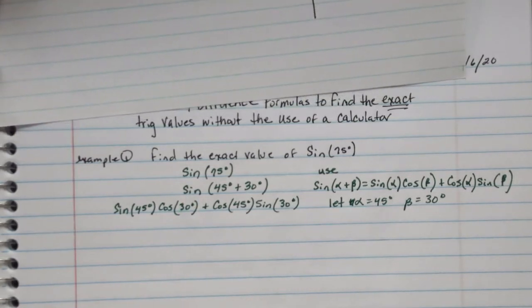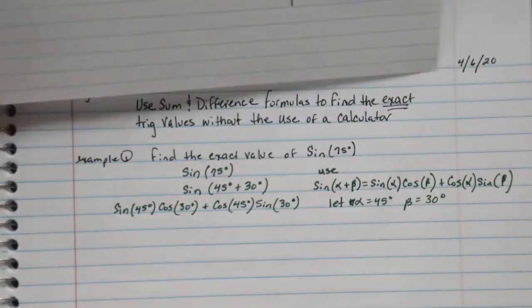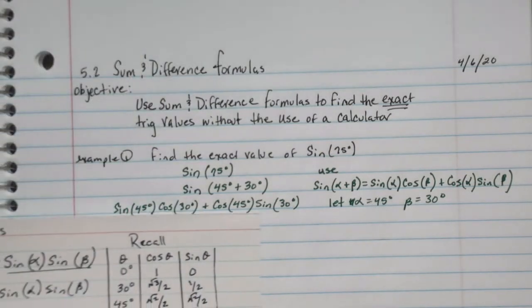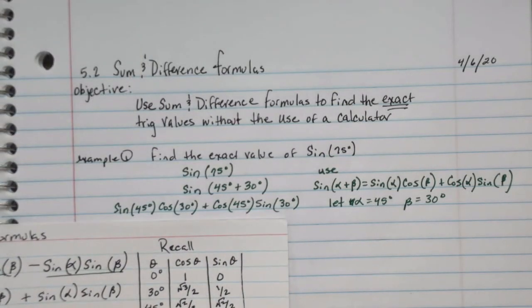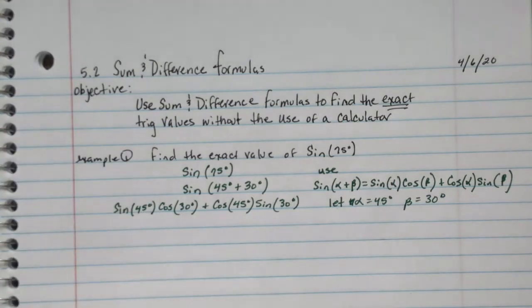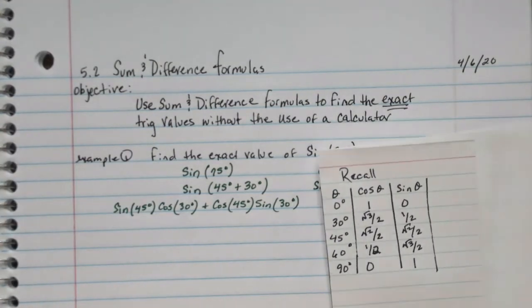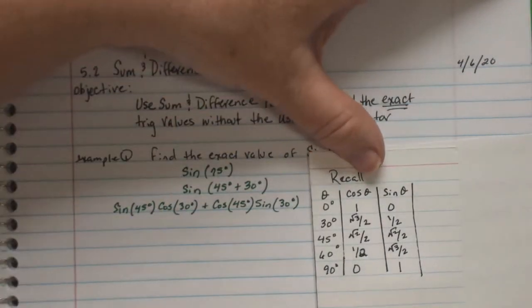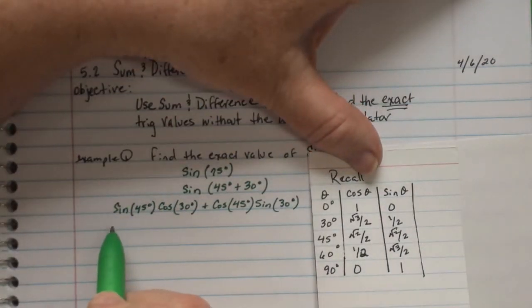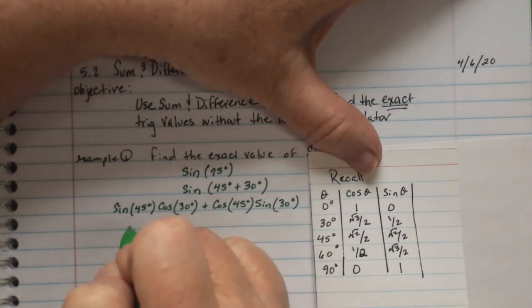And now we're going to use substitution. So if you don't recall, make sure you have your handy dandy chart with you because you're going to need it. Okay? So sine of 45 degrees, square root of 2 over 2.